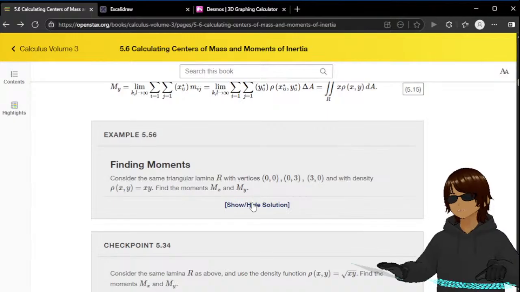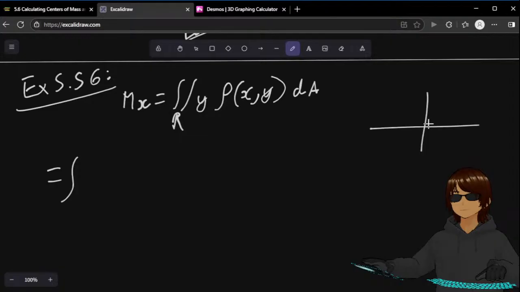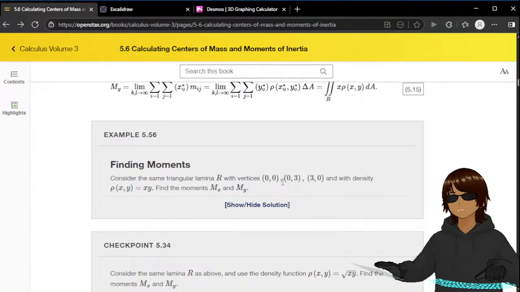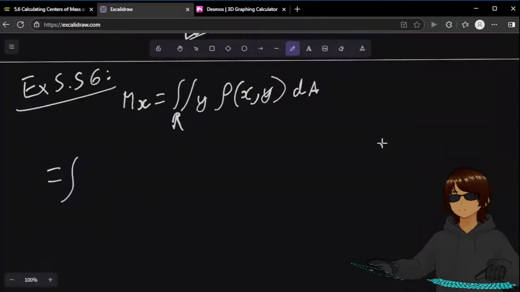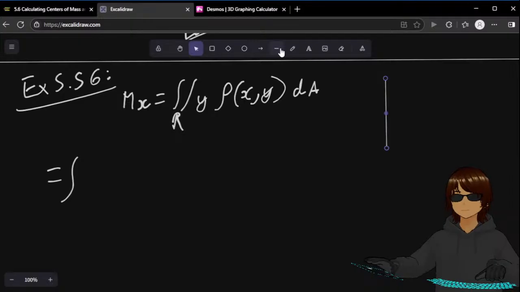So from what region to what region? 0, 0, 0, 3, 3, 0. Hold on. 0, 0, x, y. 0 to 0, 0 to 3, 3 to 0.